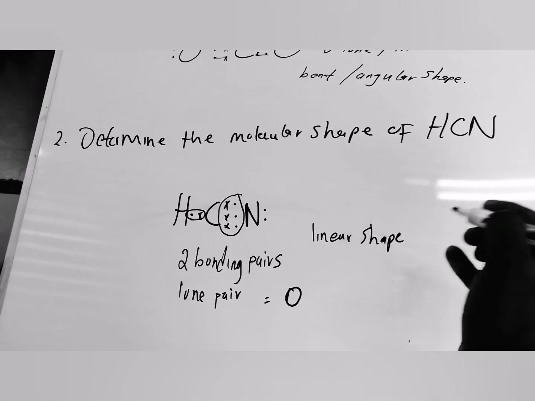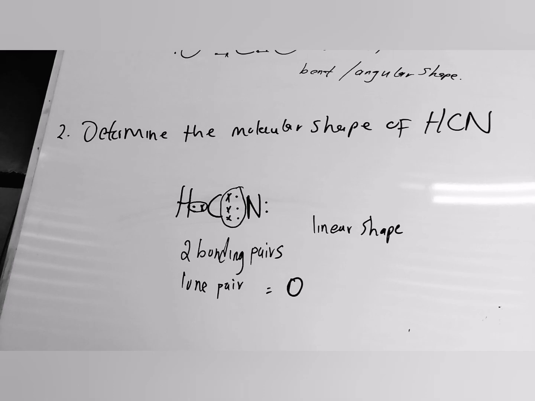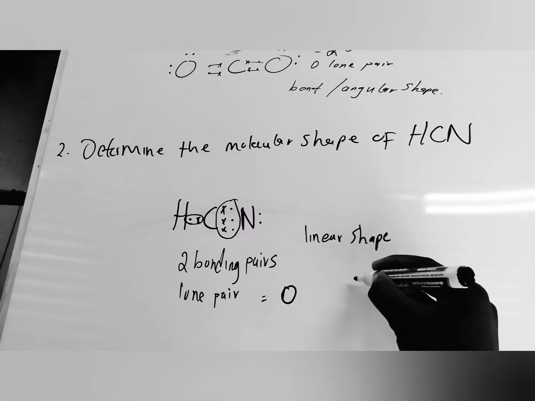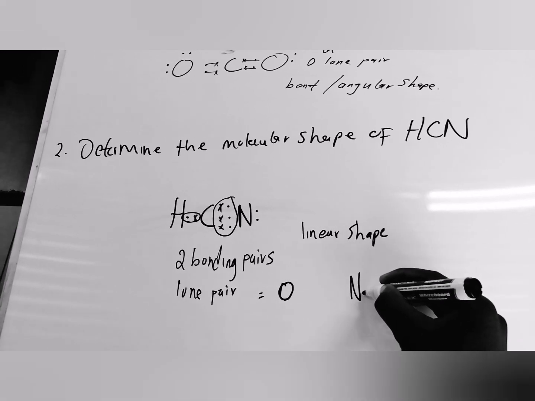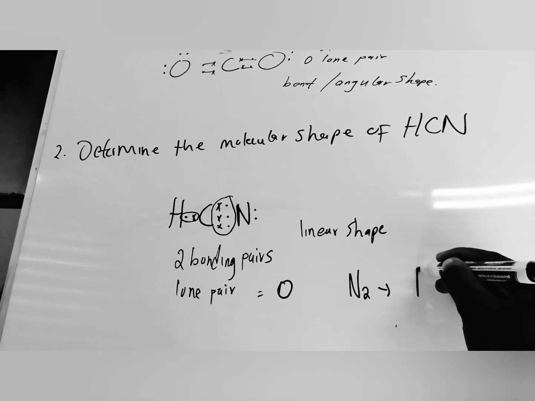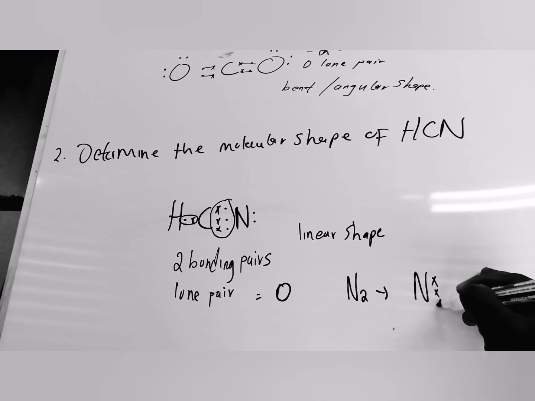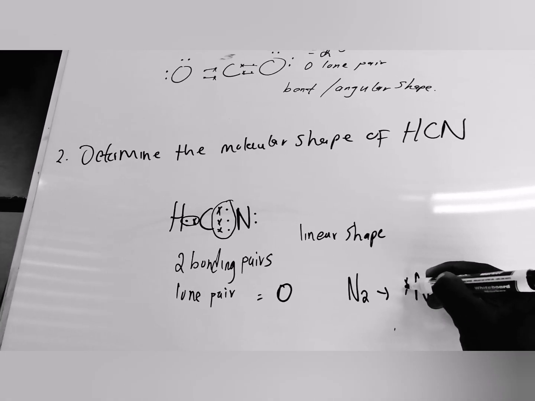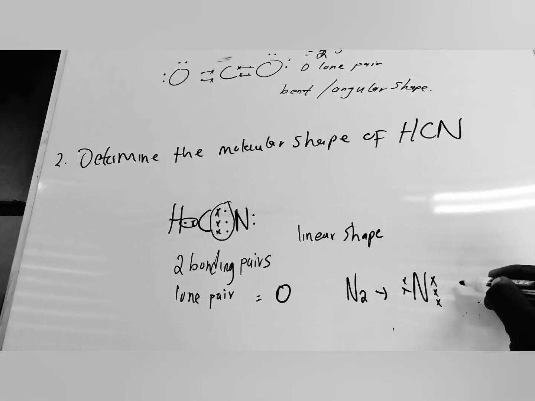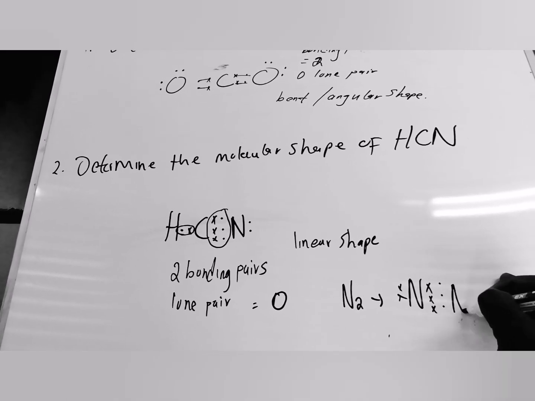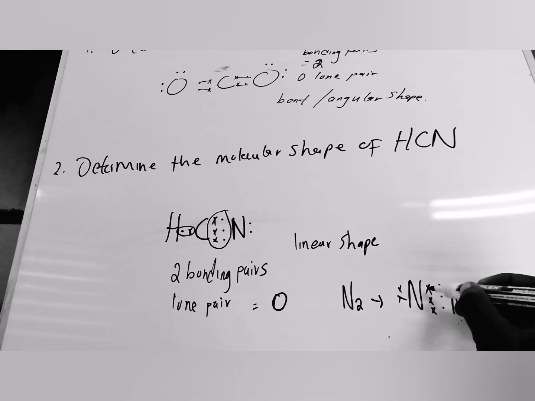Remember that last one, where I made a mistake saying it is bent or angular. I had to say linear. Sorry about that. Now let me show you this thing of the triple bond. Let me draw the Lewis structure for nitrogen gas. Whenever they say oxygen gas, remember it's O2. Fluorine gas is F2.